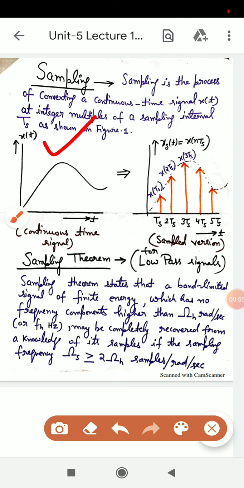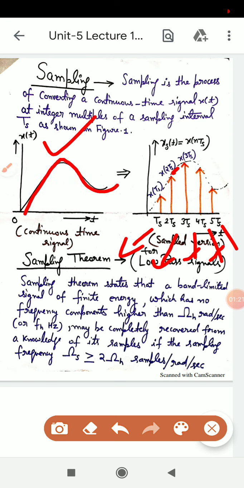This is the continuous signal and this is the discrete signal, which is shown as a train of impulses at integer values of time: Ts, 2Ts, 3Ts, 4Ts and 5Ts. The sampling instances have amplitudes x(Ts), x(2Ts), x(3Ts), according to the envelope, which is the given input signal.